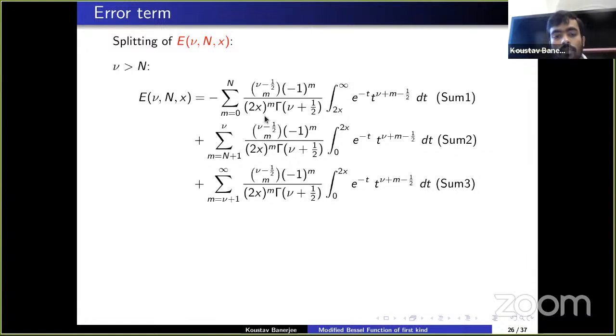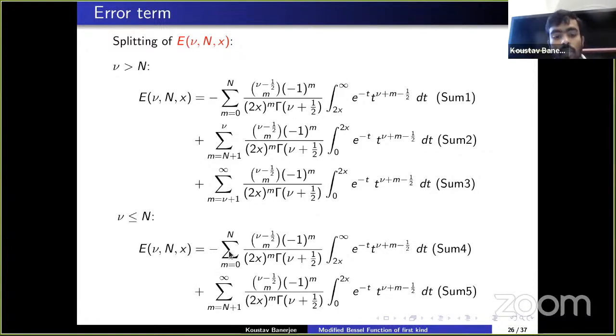I split this in this fashion: minus the sum m from 0 to n, I retain the first sum and split n plus 1 to infinity into n plus 1 to nu and nu plus 1 to infinity, these two sums. For the other factor, I just retain it as it is, m from 0 to n and n plus 1 to infinity, for sum 4 and sum 5.